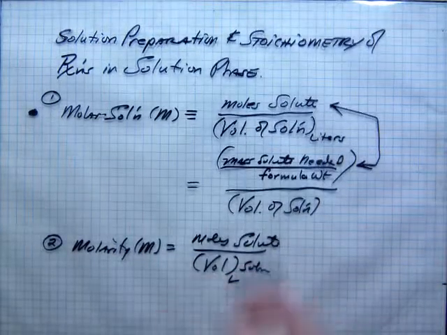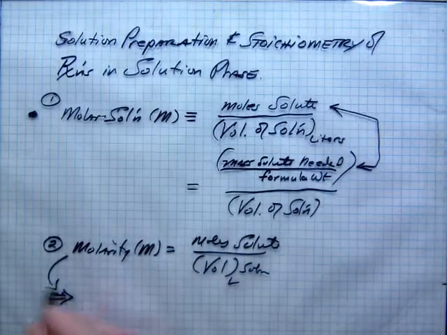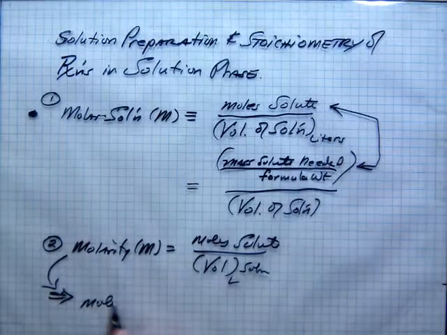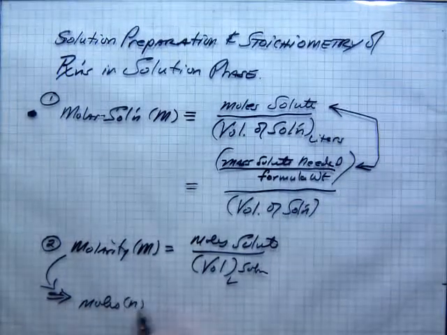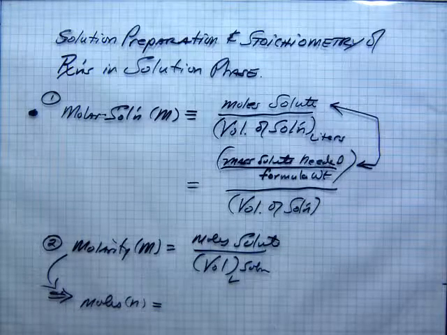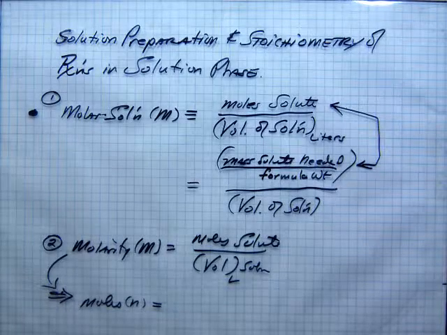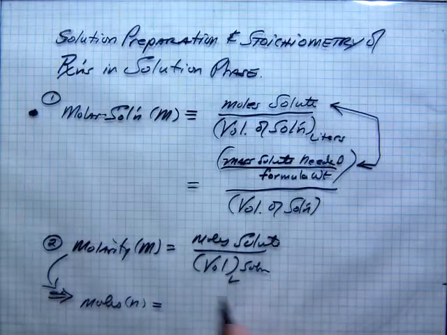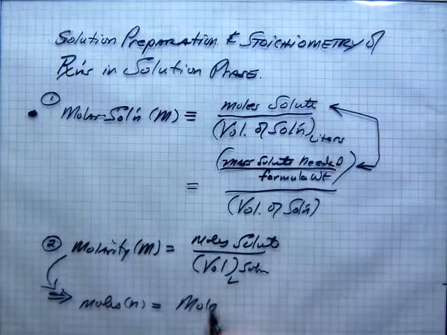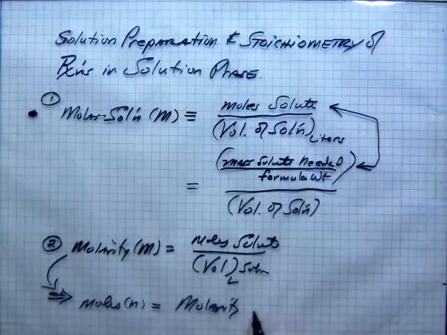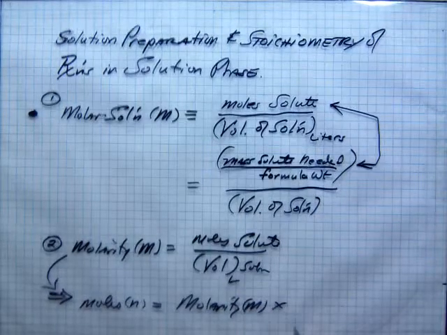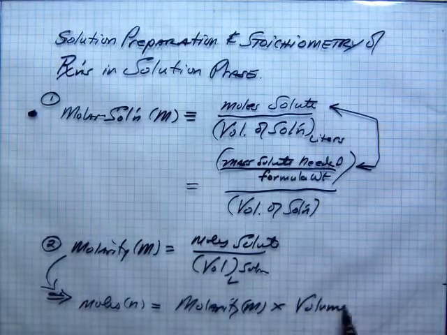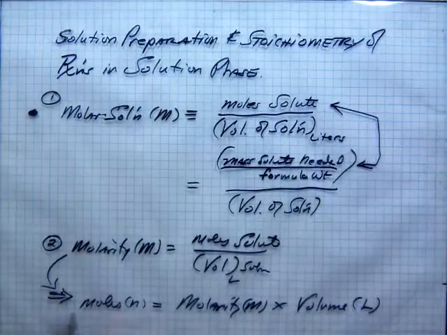You can calculate moles from this data. n, lowercase n, is a typical symbology for moles. Anyways, solve for moles of solute, and that's molarity M times volume in liters.